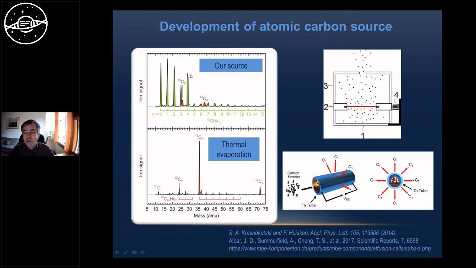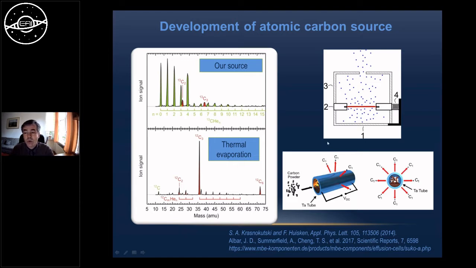This is just because we use for the analysis the helium droplet experimental technique, which I will explain later. And we can see a few carbon molecules, but these molecules were also produced not by our source, but were formed already inside the helium droplets. So the source really produces only carbon atoms which have very low energy.